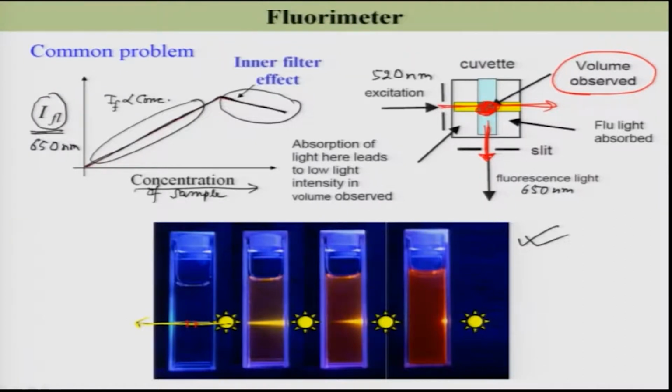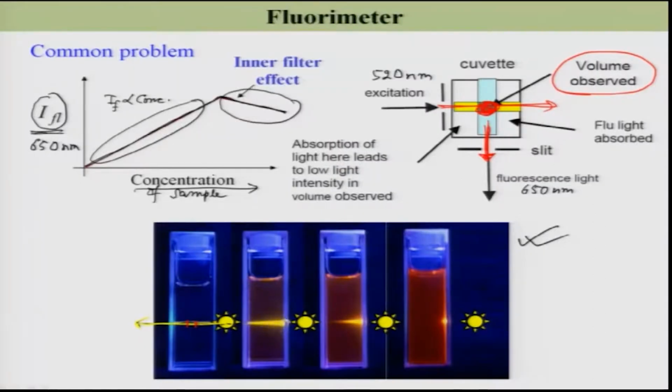And now, if you increase the concentration of your sample, right, you see that the excitation light will find more molecules in this region. So, it will be excited, and throughout the region the excitation light intensity will not be the same, right.